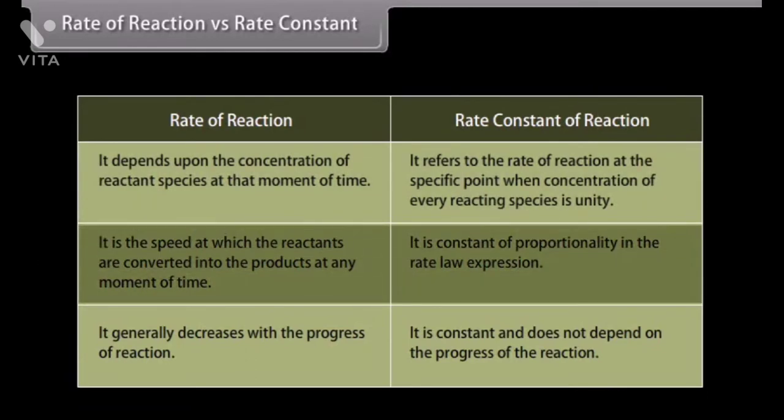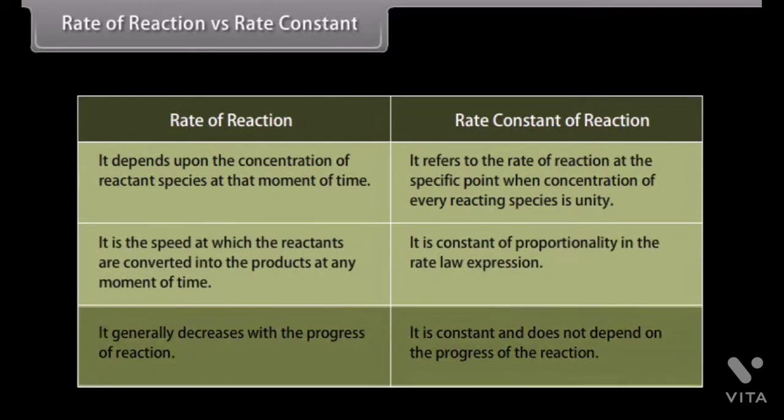Rate of reaction is the speed at which the reactants are converted into the products at any moment of time, while the rate constant is the constant of proportionality in the rate law expression. The rate of a reaction generally decreases with the progress of the reaction, whereas the rate constant is constant and does not depend on the progress of the reaction.